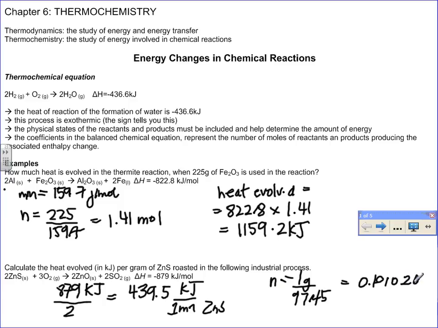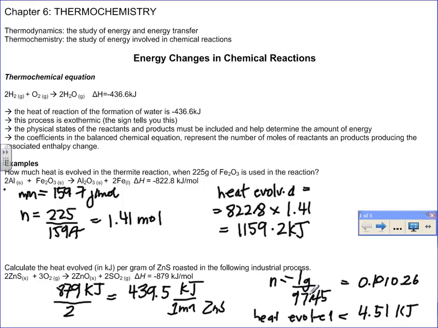So then the heat evolved is the 439 times the number of moles, and we get 4.51 kilojoules.